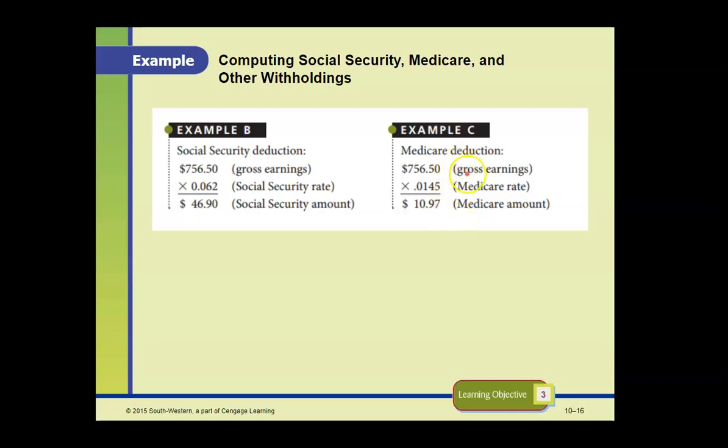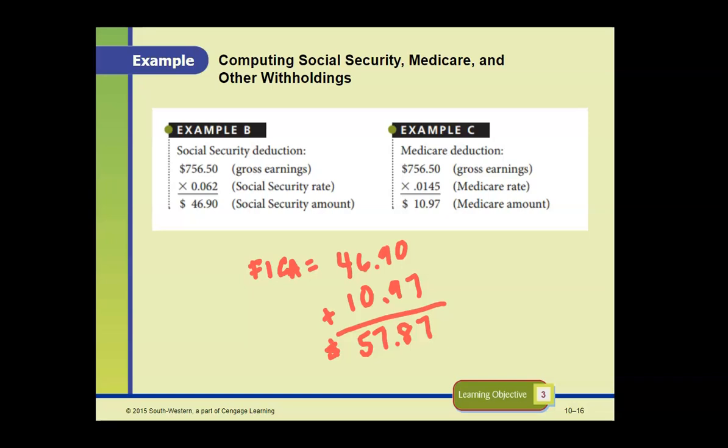And so $10.97 is going to be deducted from his paycheck for Medicare as well. Okay, and so if it asks for your FICA amount, that's simply your Social Security plus your Medicare amount. And so in this case, I have $57.87 in total FICA.